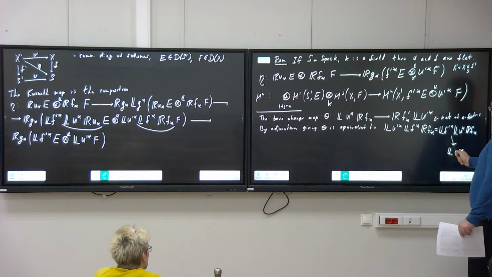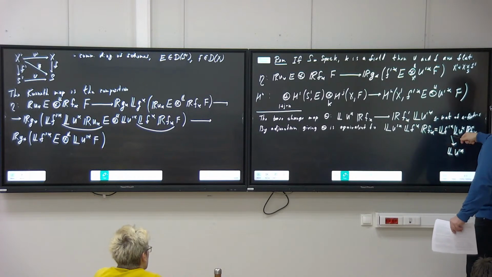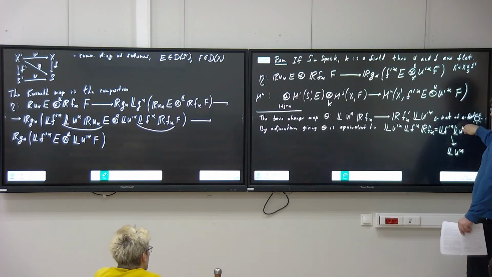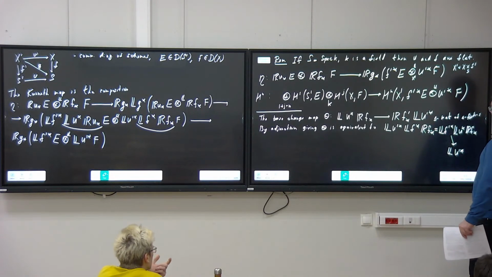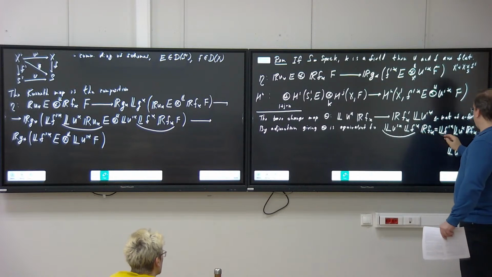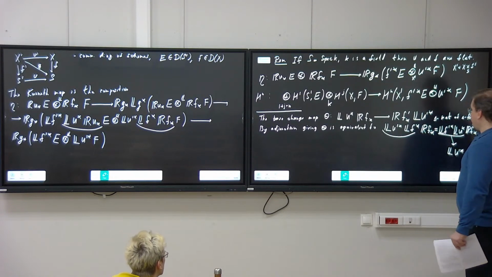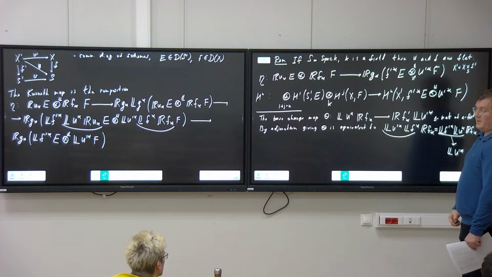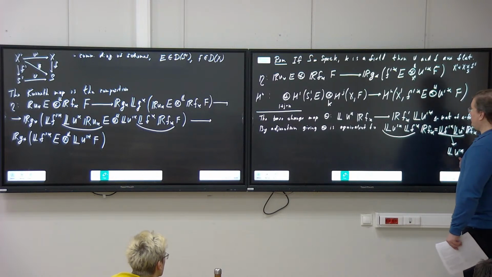So by the adjunction, I need to give a map like this. So why is this equality here? This is just because you look at this part and this part, and that's the same map. And again, I'm using that the derived functor of a push forward is the composition of the derived functors.